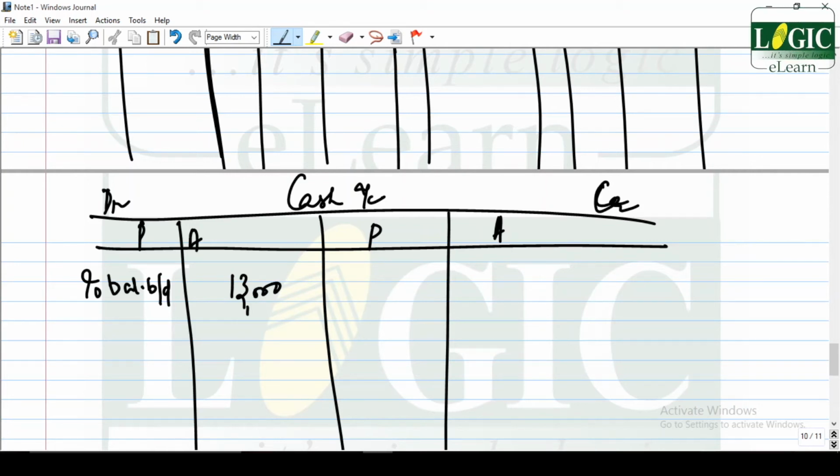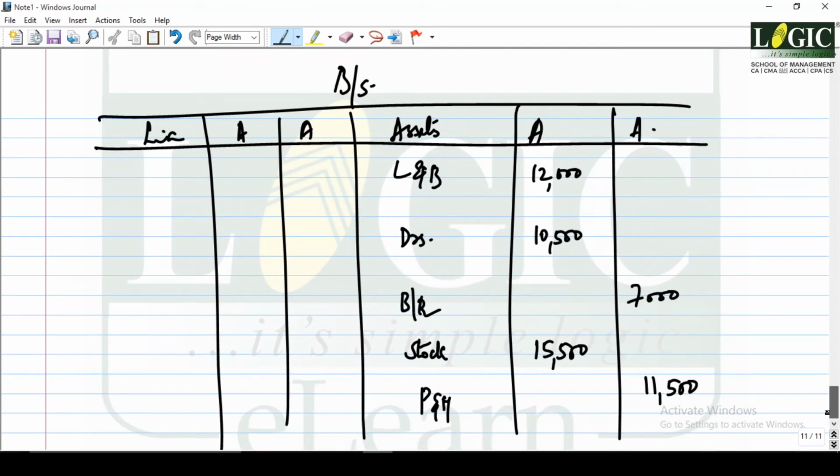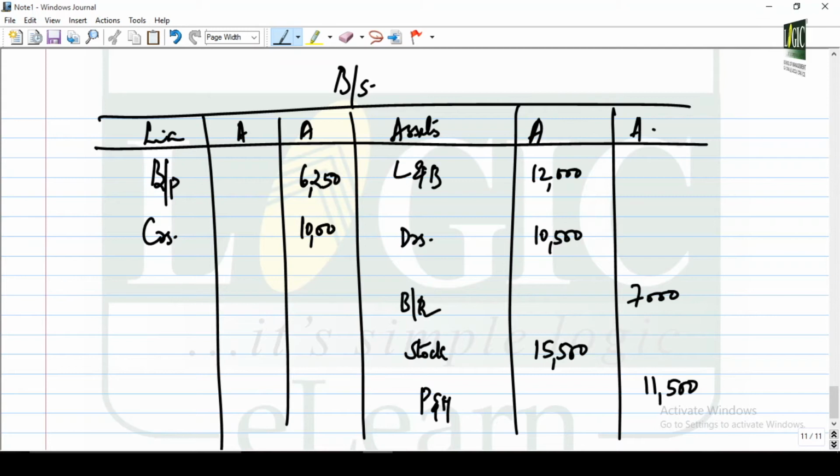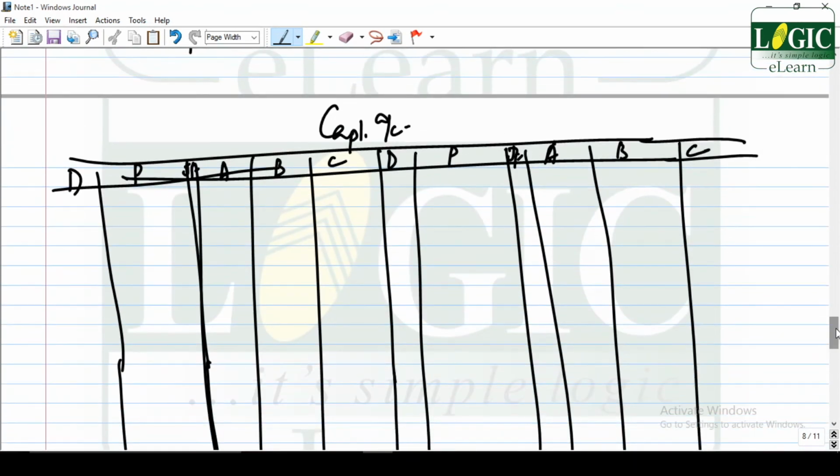Then coming to the liability side, bills payable has no adjustment, so I am putting 6,250. Creditors, it is 10,000. Then reserve fund, we have discussed it earlier.